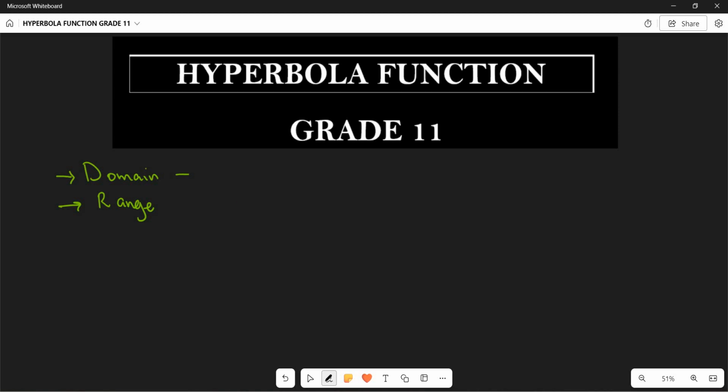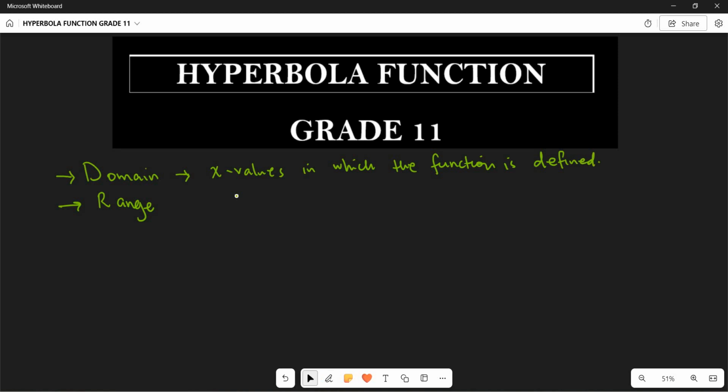So what is a domain? A domain refers to the x values in which the function is defined.